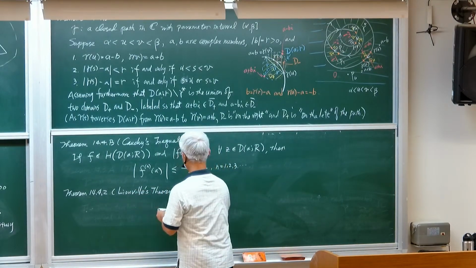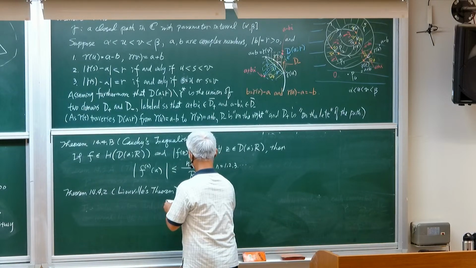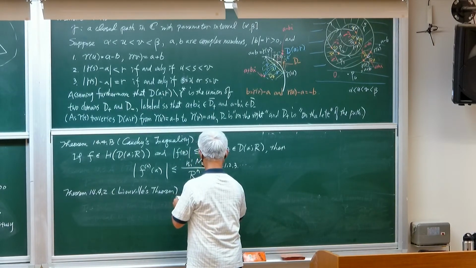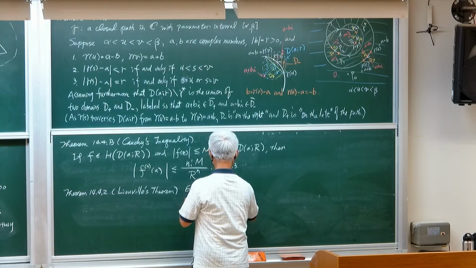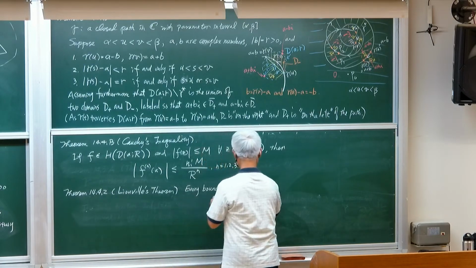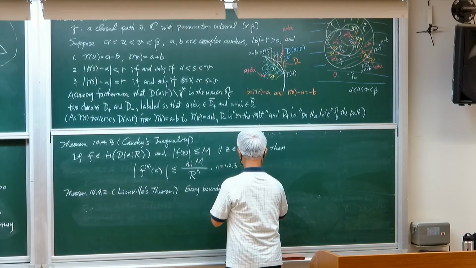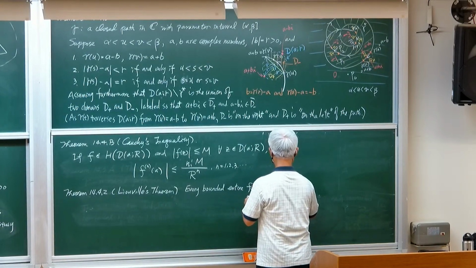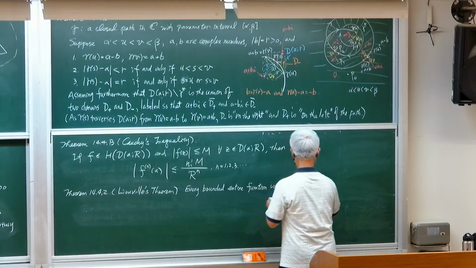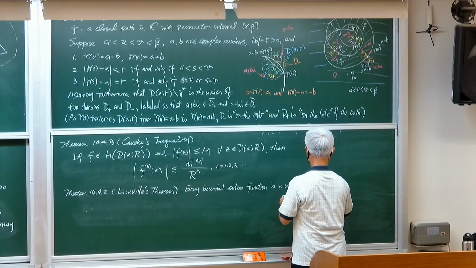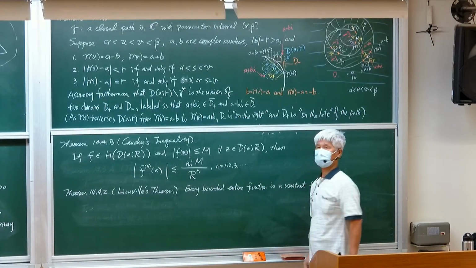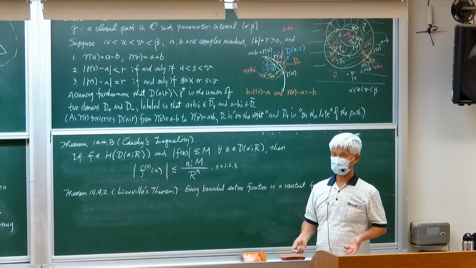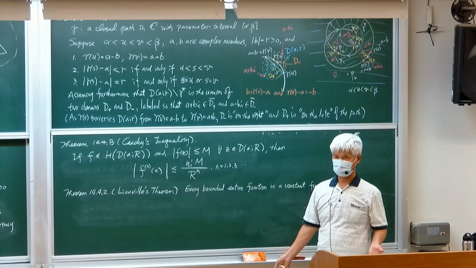So this theorem says that every bounded entire function is a constant function. Right? An entire function is an analytic function on the whole complex plane.